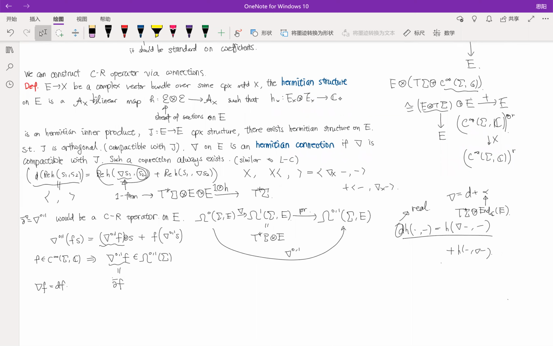So, the condition: connection compatible with Re H, and it's complex linear. What is meant by complex linear? Yes, it should be complex linear.